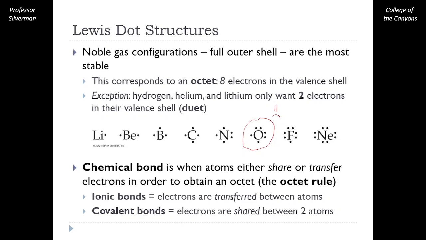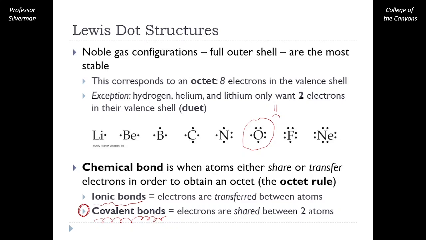Chemical bonds occur when we're able to share electrons between atoms or steal electrons from another atom. Ionic bonds occur when we're able to steal those electrons, transfer them from one species to another species. Covalent bonds are when we're able to share electrons.